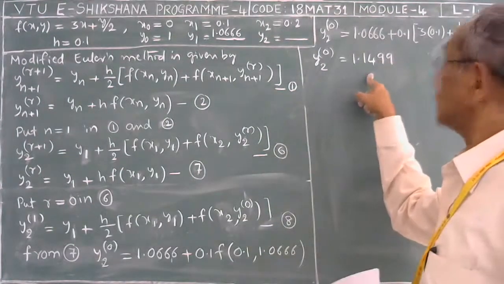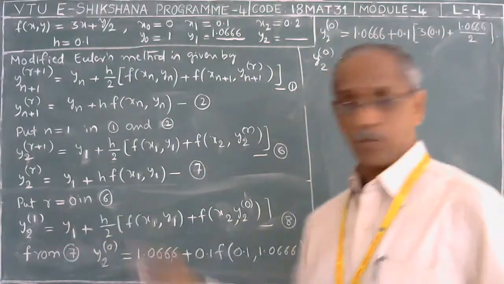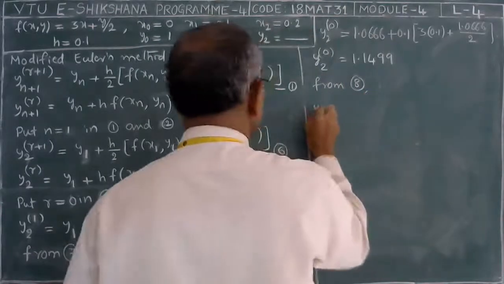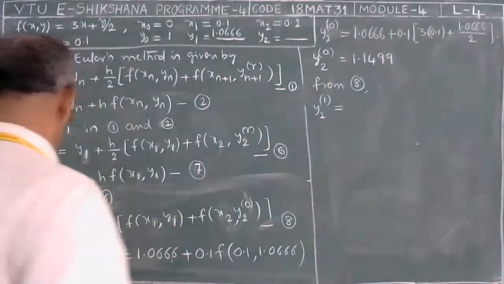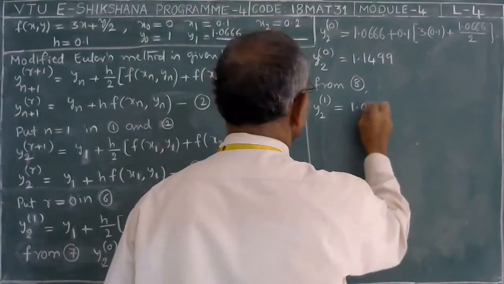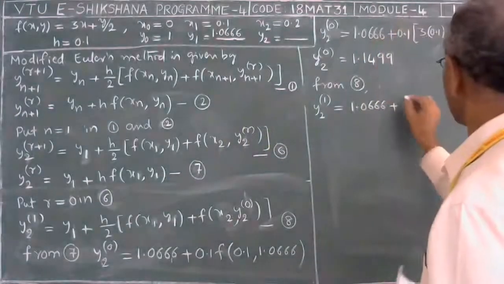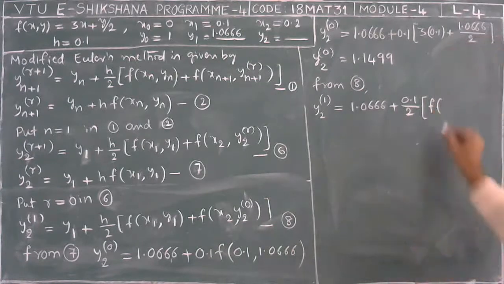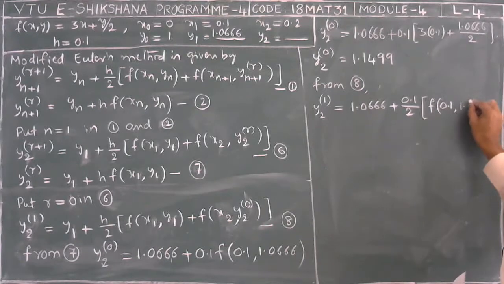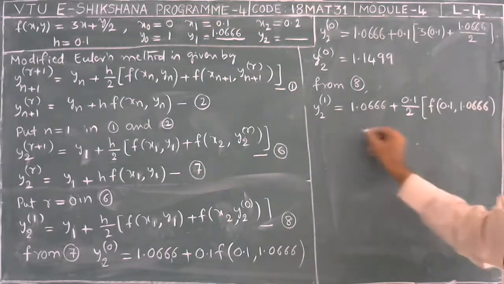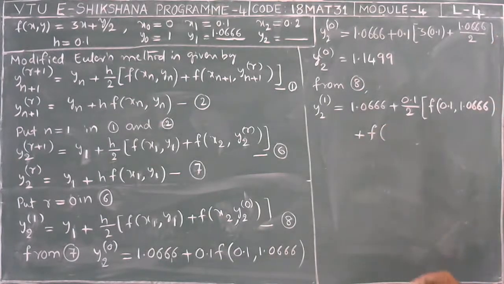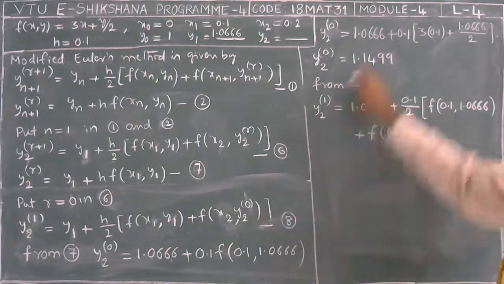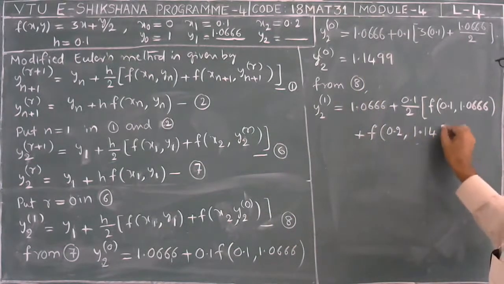Now use this 1.1499 in equation number 8 and then compute y2 1. From equation 8, y2 1 is equal to y1, 1.0666, plus h by 2, 0.1 divided by 2, into f of x1 comma y1, 0.1 comma 1.0666, plus f of x2, which is 0.2, comma y2 0, which is 1.1499.